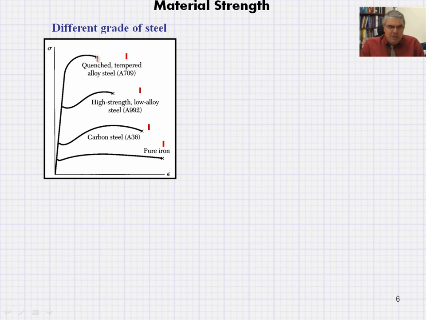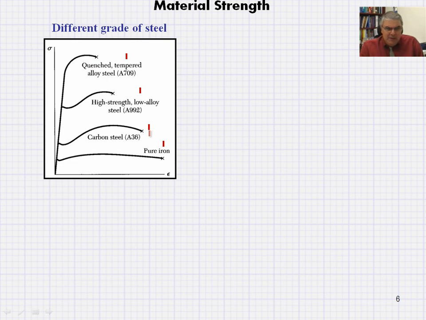The quenched tempered alloy steel, A709, has much higher strength, but its strain is lower compared to the other types shown here. High strength low alloy steel, A992, has a lower strength in comparison with tempered alloy steel, but it has a higher strain.